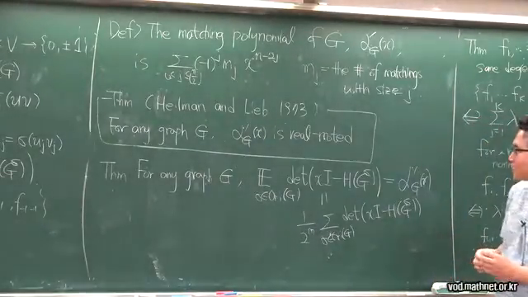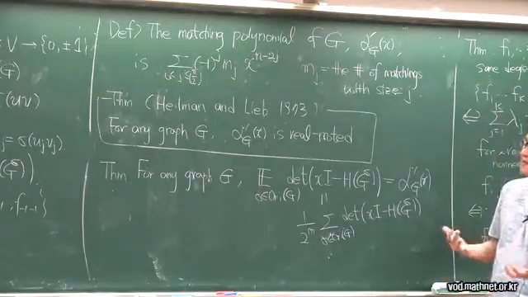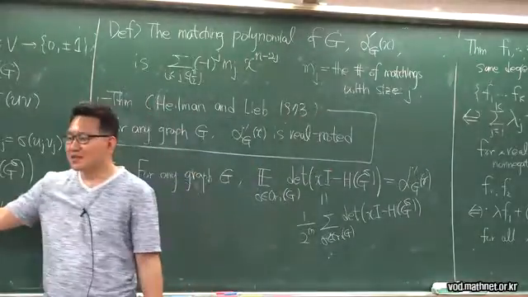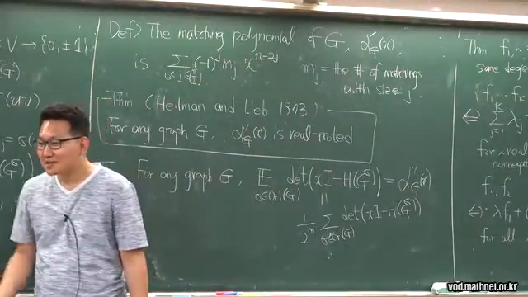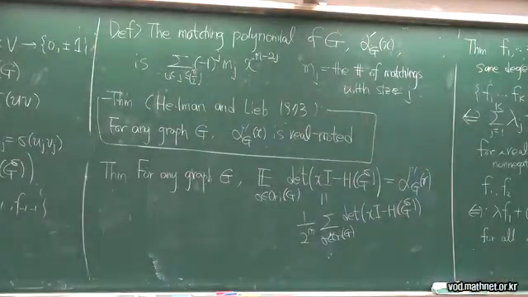Okay, what does this mean? If we show that those polynomials form an interlacing family, then there exists some assignment, which means there exists some orientation satisfying this one.